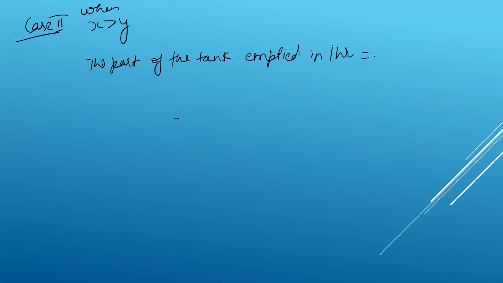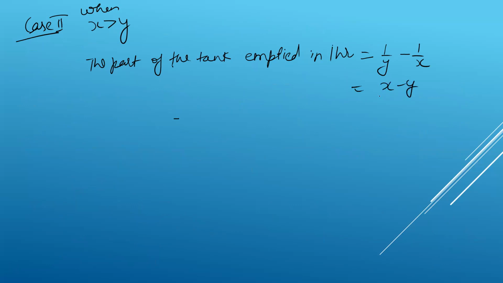अब यहां पर क्या है? When x is greater than y. अब यहां क्या होगा? The part of the tank emptied in 1 hour is going to be, of course, 1 over y minus 1 over x. So let's quickly solve it.